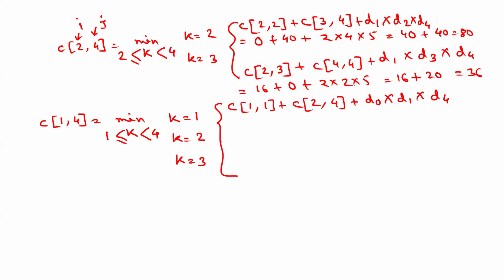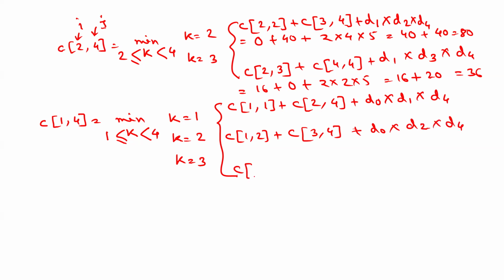When the k value is 2, it will be C12 plus C[3,4], plus d0, dk is d2, and dj, 4.